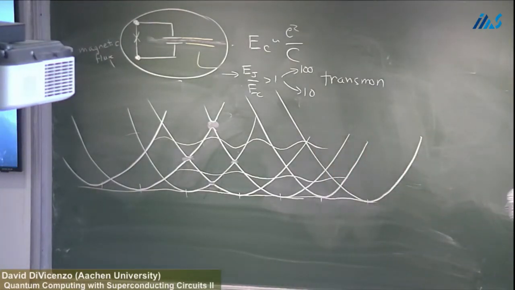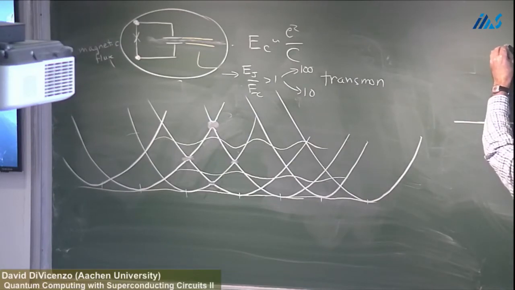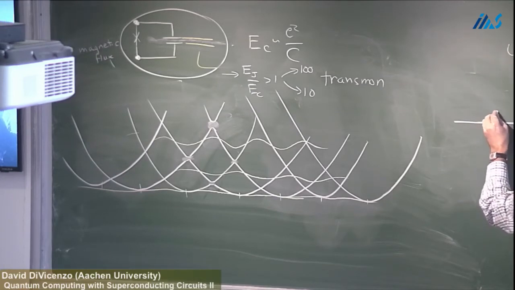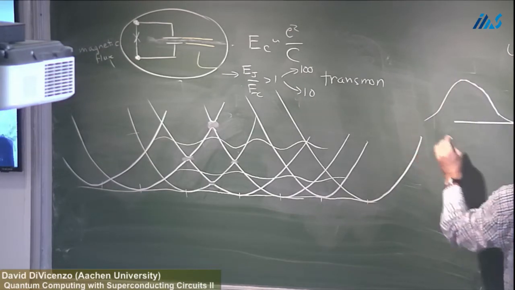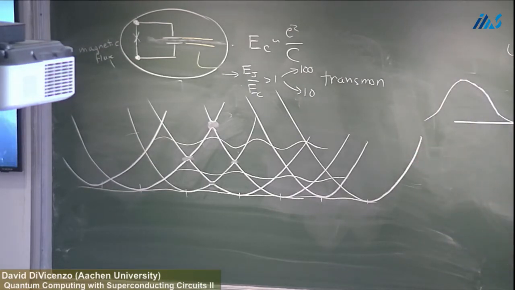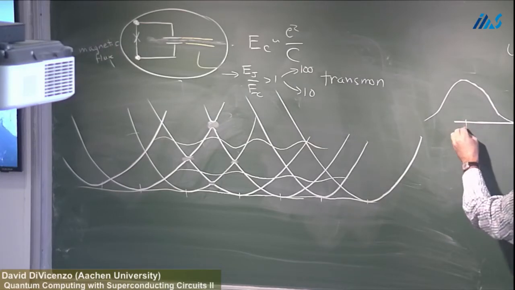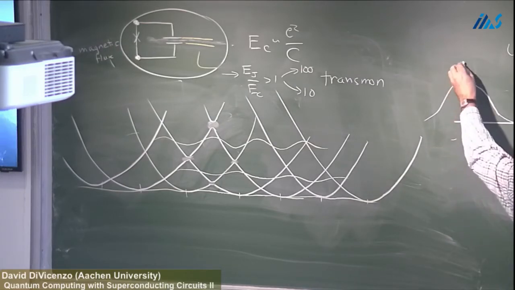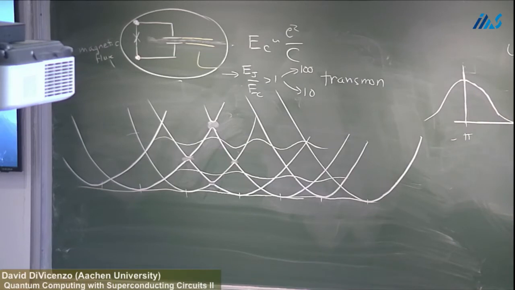So here I have phase, and this potential energy U, so it's this cosine function. Now, I don't have to draw very much of it because 0 to 2 pi is all I care about. So I can remain strictly in this domain if I want.